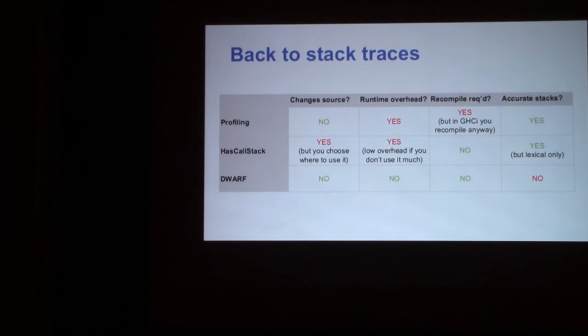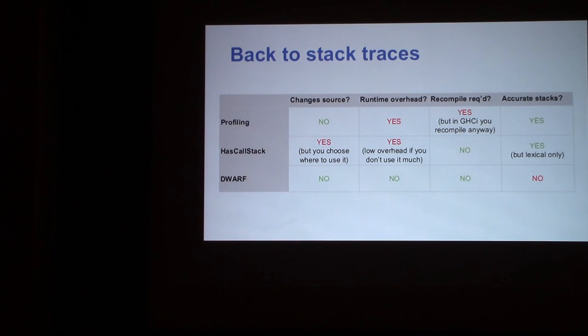So there are various trade-offs in the different stack trace mechanisms that we have. You've seen profiling. We also have the HasCallStack mechanism and the DWARF mechanism. So this table talks about the different properties of these mechanisms.